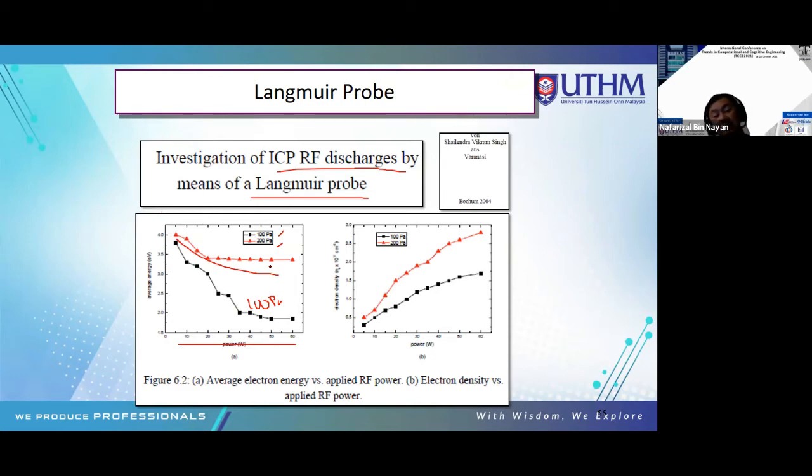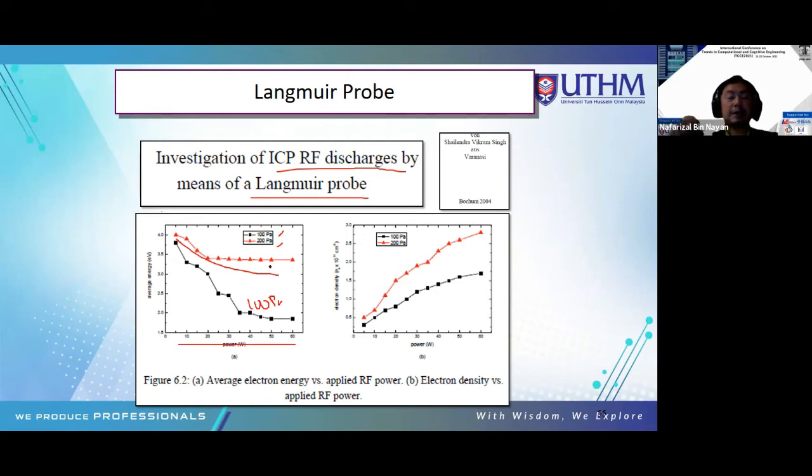So why is it happening like this? A simple understanding is that when you have a high pressure, you have many particles inside the chamber. When you have many particles, every particle will collide with each other, right? When they hit each other, of course, the average energy among them will be almost the same.